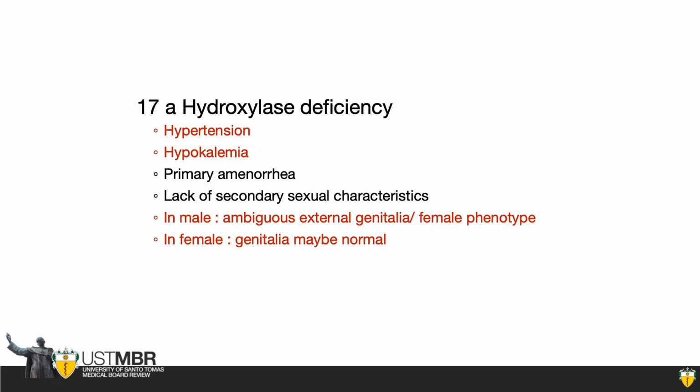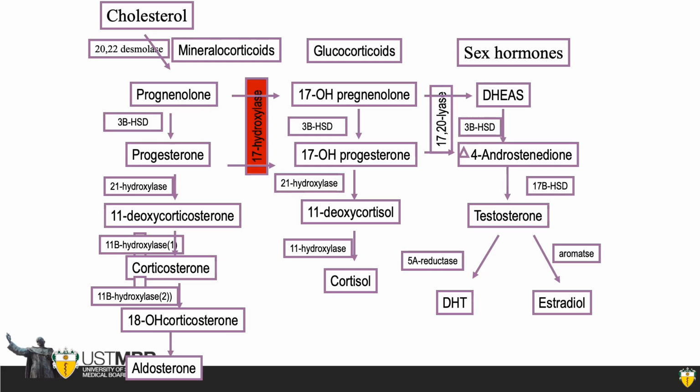What happens is 21 and 11 affect the female fetus, but in 17, what's affected is the male fetus. You'll have ambiguous genitalia in the male. Let's explain. 17 hydroxylase is important for converting the precursors in the left column that go to aldosterone to the right side. If you block this because you have deficiency, everything will go down to aldosterone, explaining the hypertension and hypokalemia.